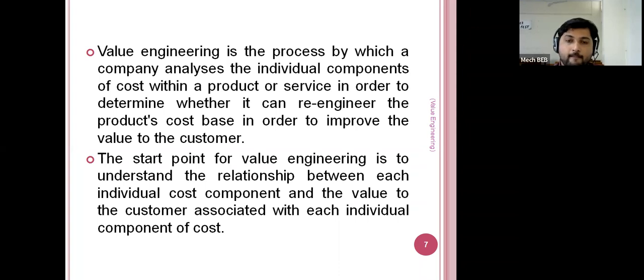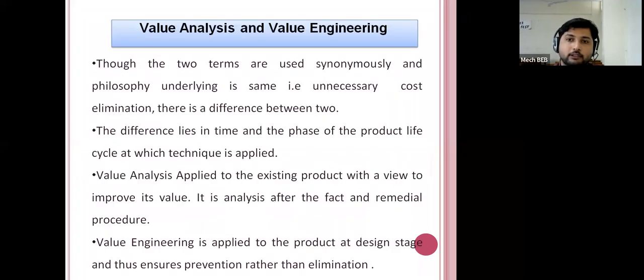Okay. Now here, each and every process of value engineering tries to understand the functionality of the product and of each component in that product, and tries to reduce the cost associated with that product so that it will be more valuable for the customer.